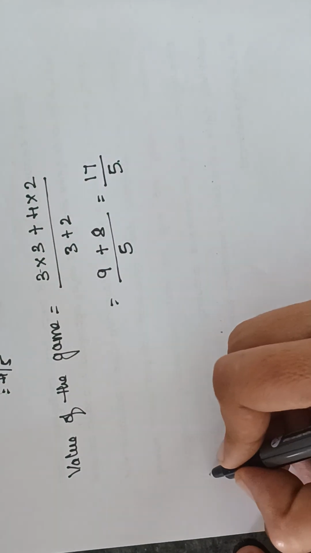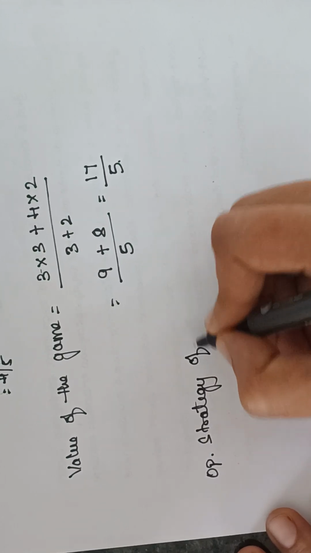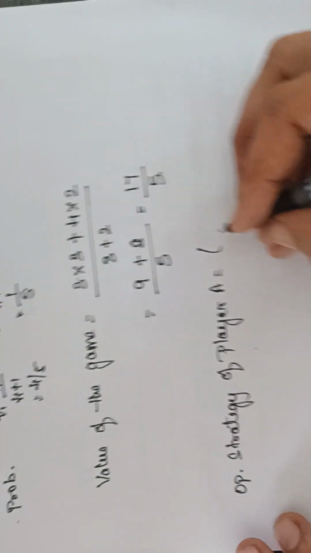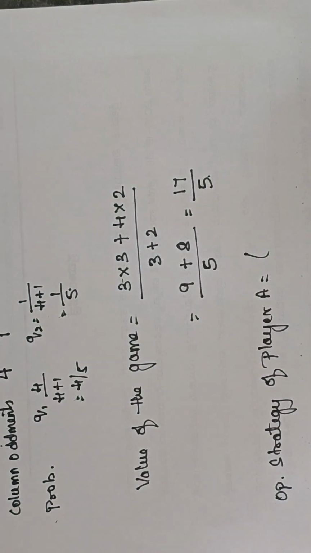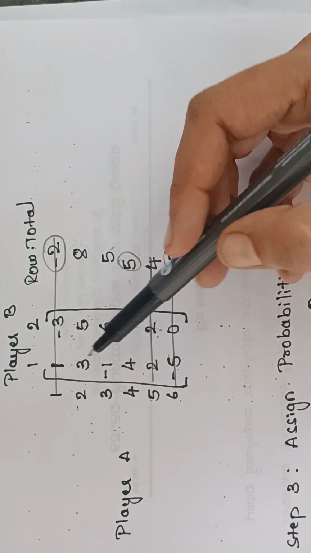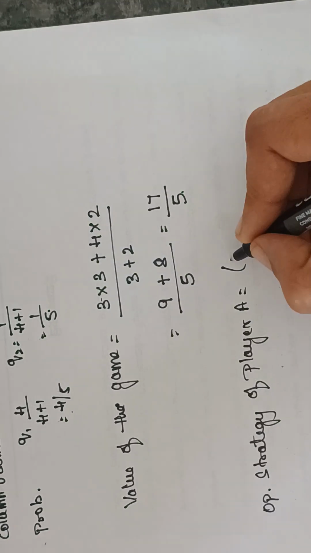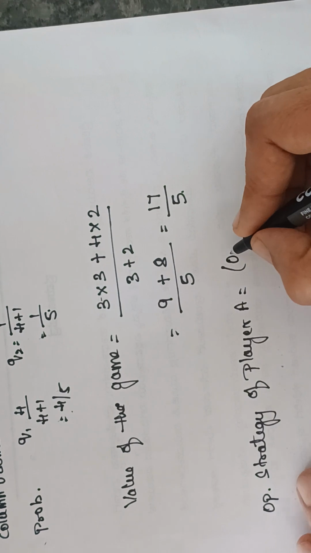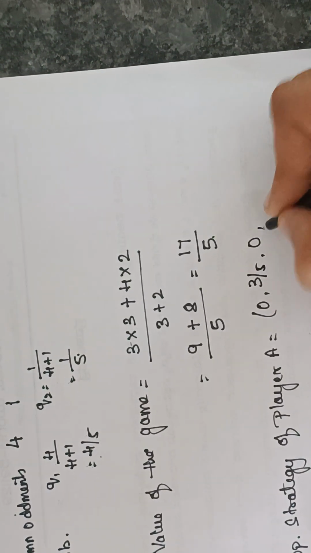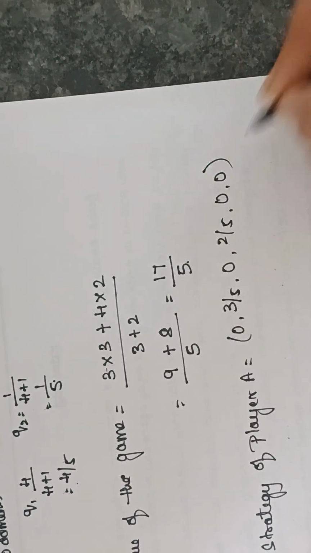So let us write the optimal strategies. The optimal strategy of player A: totally he had 6 strategies, as we can see at the beginning of the problem. Of that, only the second and fourth he will be using, so the rest will be 0. So strategy 1 is 0, strategy 2 is 3 by 5, strategy 3 is again 0, the fourth is 2 by 5, the fifth is 0, the sixth is 0.